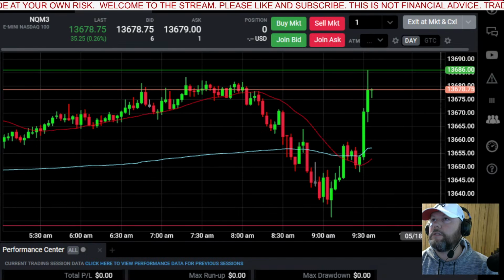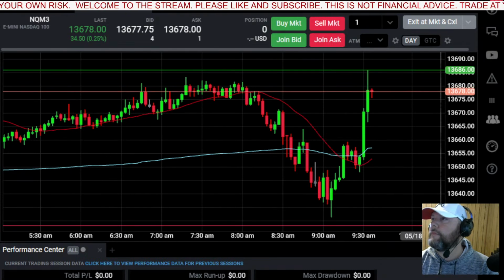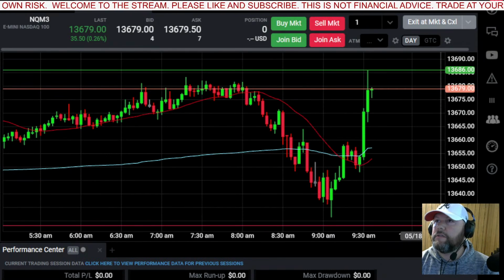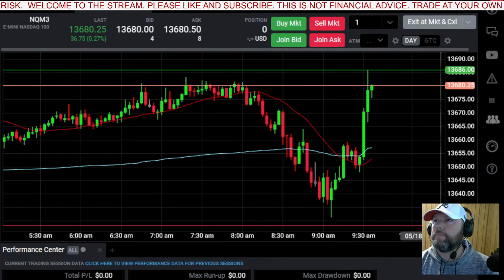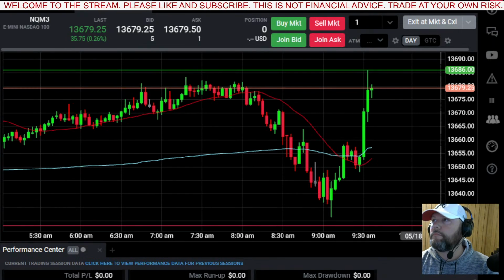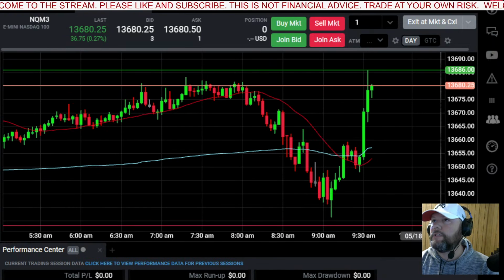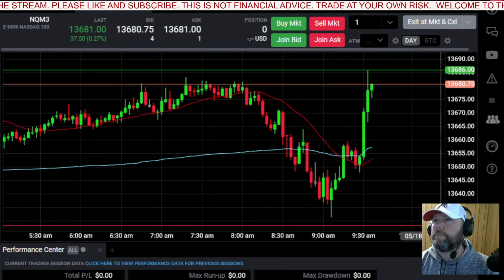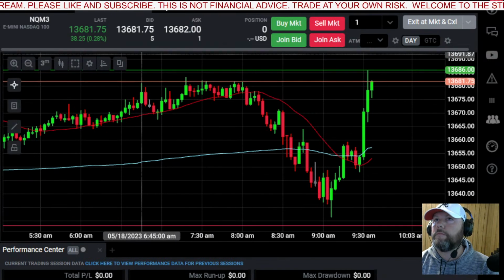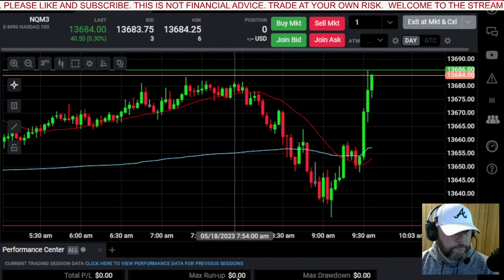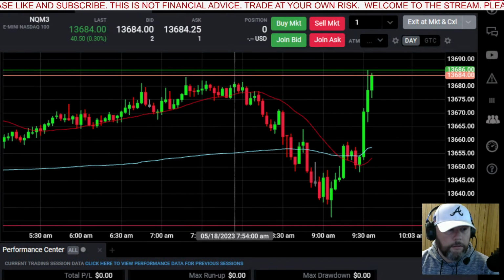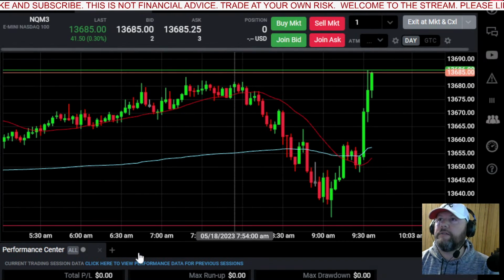See if we turn this pivot into resistance here, or if we just continue moving higher. Looks like the ES finally made it above the SMA there.